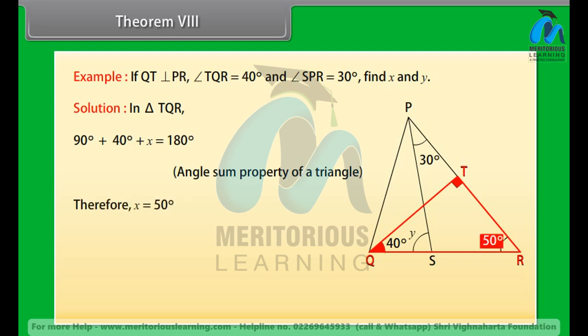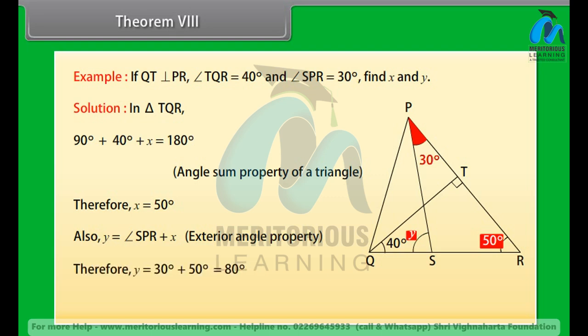Therefore, X is equal to 50 degrees. Also, Y is equal to angle SPR plus X because we know that if a side of a triangle is produced, then the exterior angle so formed is equal to the sum of the two interior opposite angles. Therefore, Y is equal to 30 degrees plus 50 degrees, which is 80 degrees.